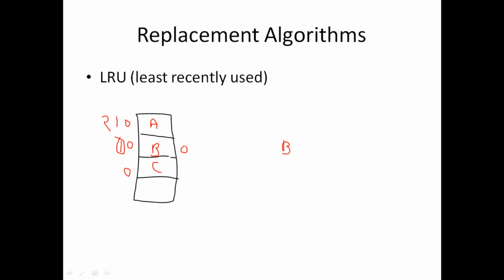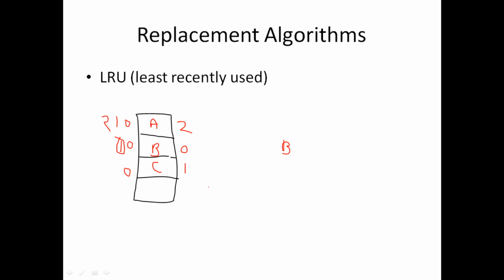The other counters which are lower than B's previous value are increased by 1. The one lower than this is C's, which was 0, so its counter will be 1. The one which is greater than B's previous value stays the same as previously, so it will be 2.